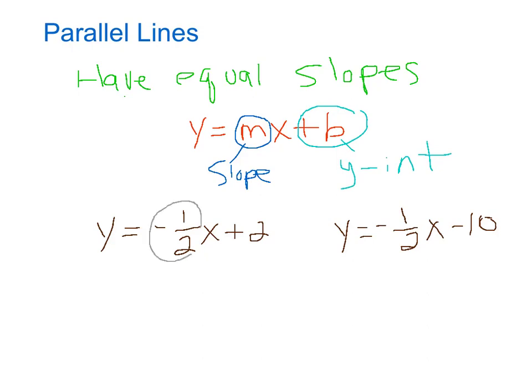So if we look at the first one here, the slope of that one is negative 1/2. And if we look at the second equation, the slope of that one is also negative 1/2. So negative 1/2 and negative 1/2 are the same and equal, so therefore those lines, if you graph them, would be parallel.